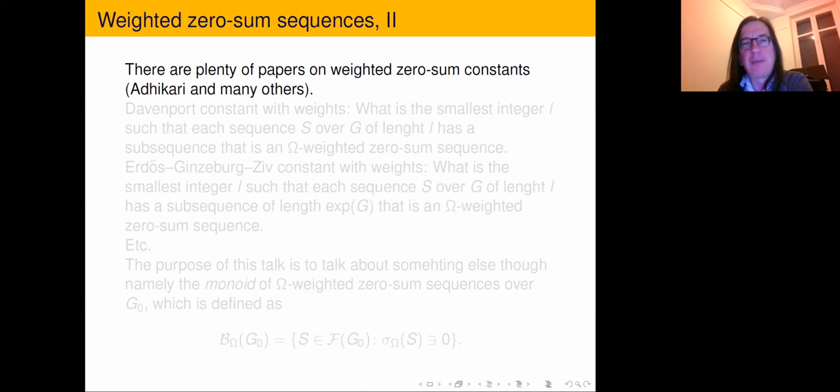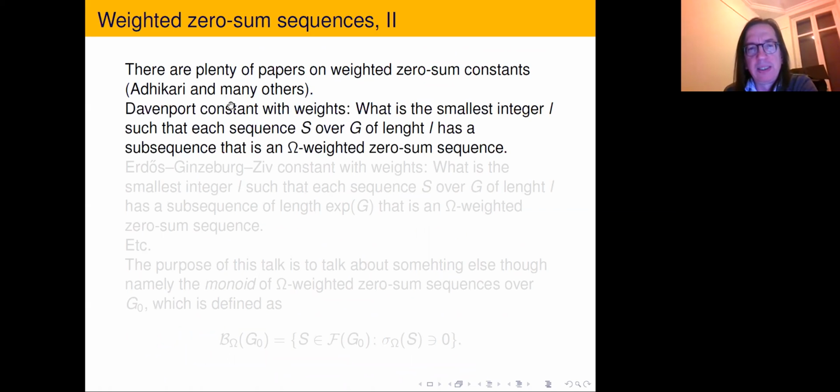And so there are plenty of papers on weighted zero-sum constants. So this was something which was more or less introduced by Adhikari, and then a lot of investigations followed in recent years. And so one can study the so-called Davenport constant with weights and ask the question: what is the smallest integer L such that each sequence S over G of length L has a subsequence that is an omega weighted zero-sum sequence, for instance?